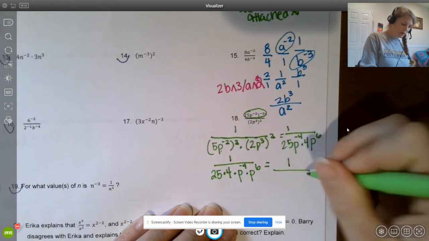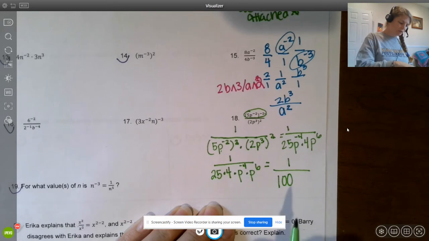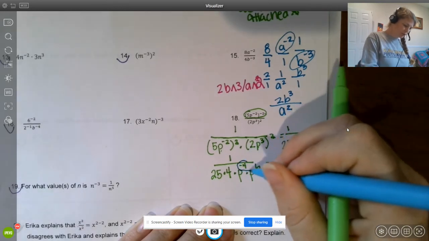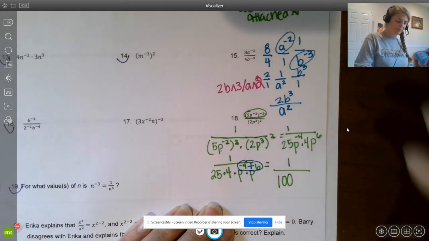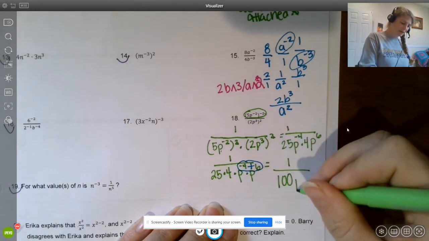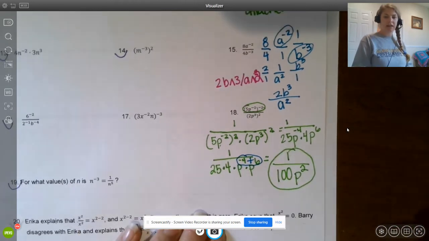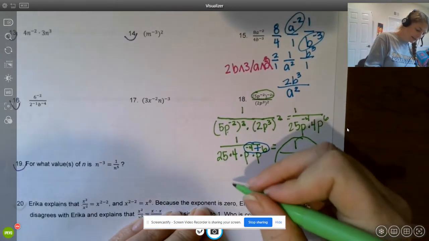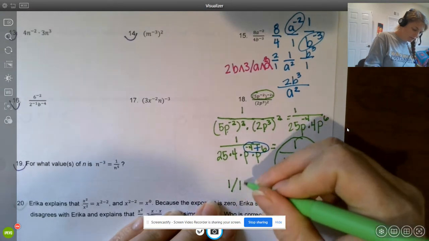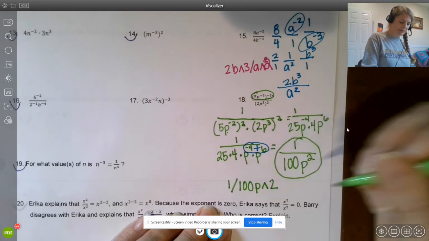So I'm going to have 1 over 100. And what am I going to do with these exponents? I'm going to take the total. How many total factors of p would I have in my denominator? Negative 4 plus 6 is positive 2, so p to the 2nd. So this is your answer. And again, putting that into a dot or a test, I'd say 1 over 100, and I'd put a p and then a caret for exponent to the 2nd power.